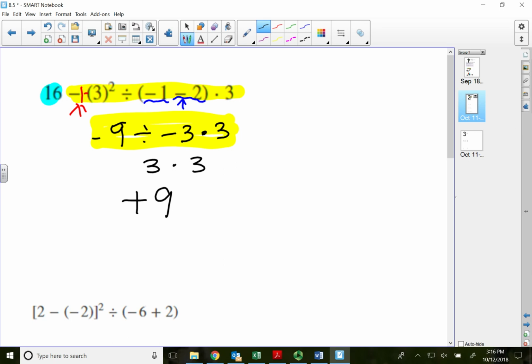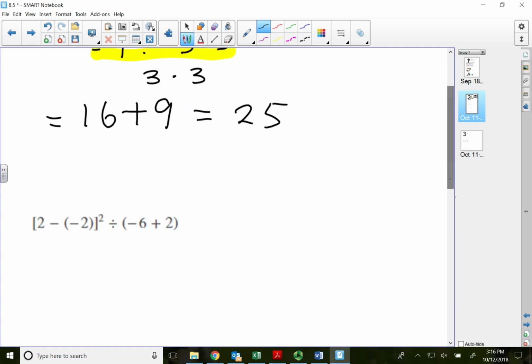The only time I do not write a sign is when the first term is positive. Everybody else has to have a sign. So the second term comes out to be a positive 9. The first term is still that same 16. So this problem becomes 16 plus 9, which we know is 25.